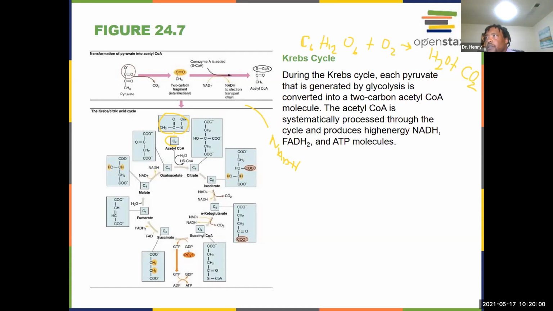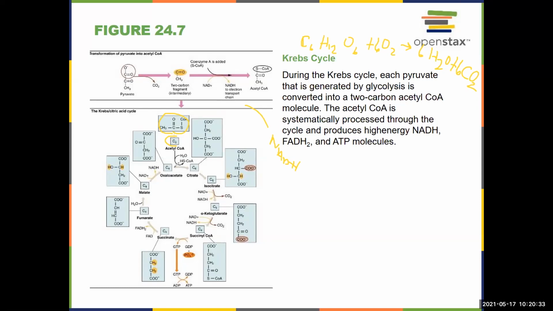So that's 6 and that's 6. Okay, so this is the chemical equation. So we know that we're going to be utilizing water, but we're also going to be gaining back water. In this process, we're going to use water because water is going to be responsible for breaking things down. It's going to break one thing down so that we can generate something else.